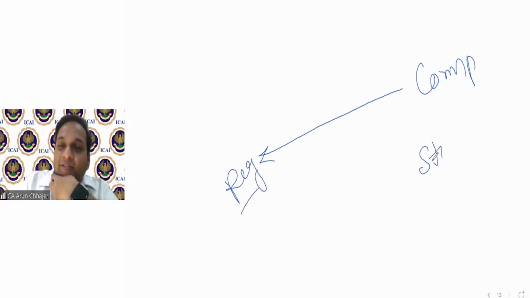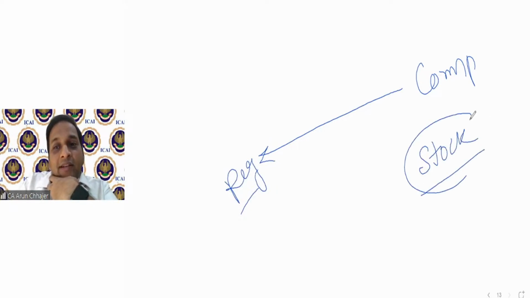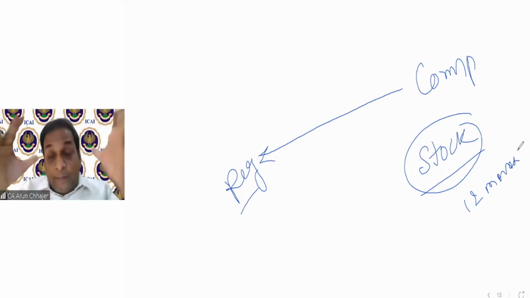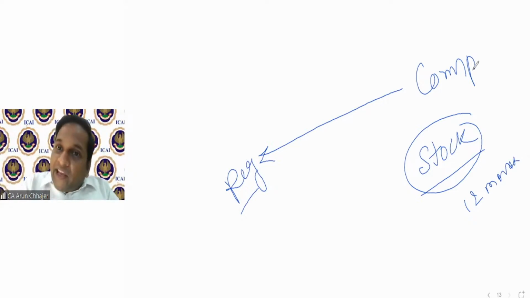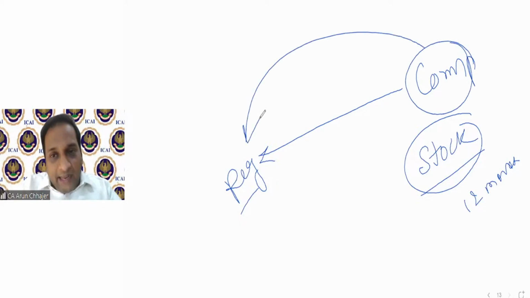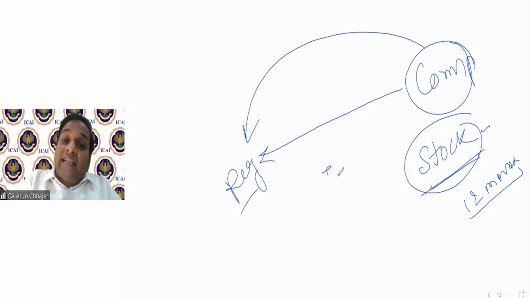Whatever stock you have, if that stock is GST-paid stock purchased within 12 months, which we will discuss in Section 18 in detail, I am just giving the brief, to complete all the linking, then you can take the ITC.